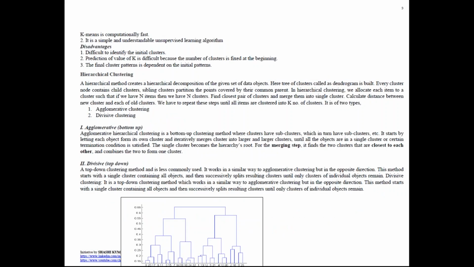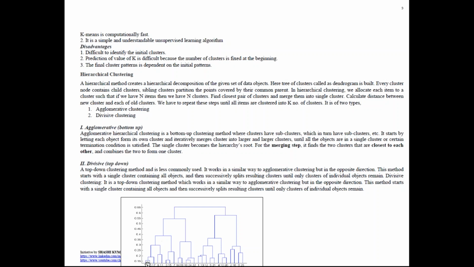So let us understand the bottom up and top down algorithm. Agglomerative hierarchical clustering is a bottom up clustering method where clusters have subclusters which in turn have subclusters. It starts by letting each object form its own cluster.